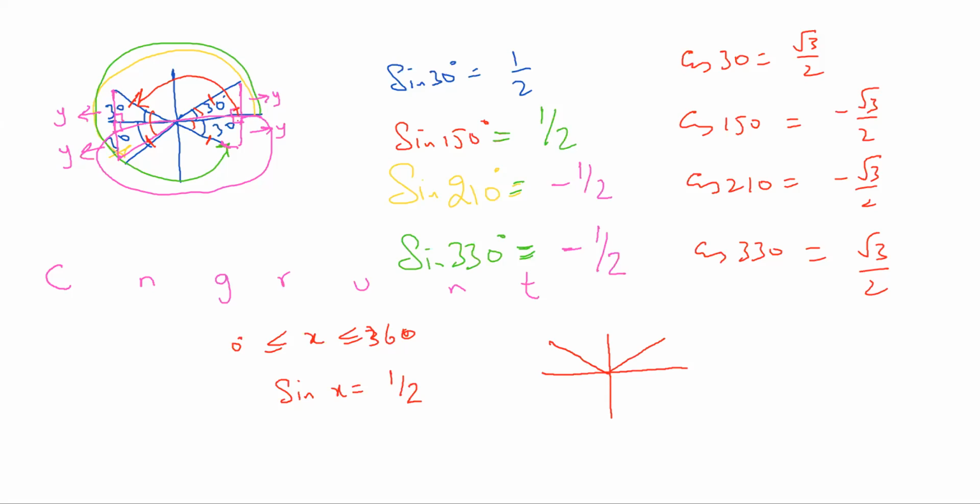Because the y-axis is positive there, and your sine is positive. Now you will use your calculator to find sine inverse of half. The calculator will give you 30. You will write 30 here and here. Then your X would be 30 degrees and 150 degrees. In your O levels you could have given only one answer, X equal to 30 degrees, but here you will have to write both answers.